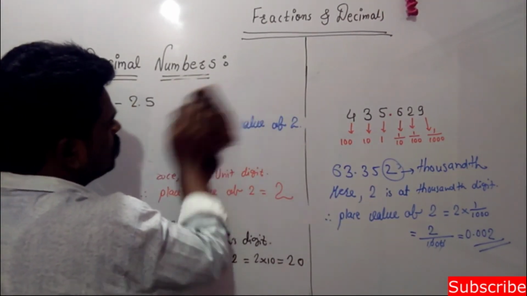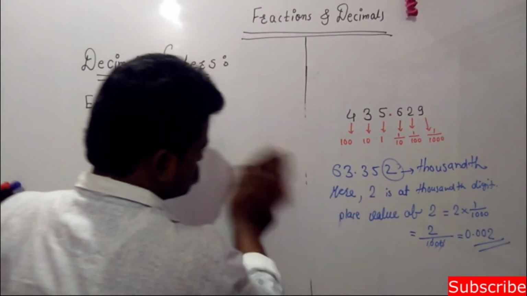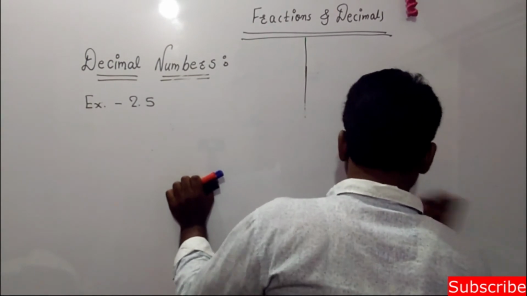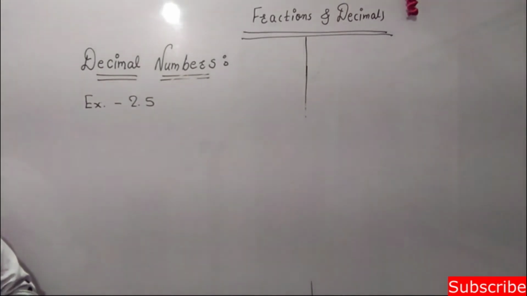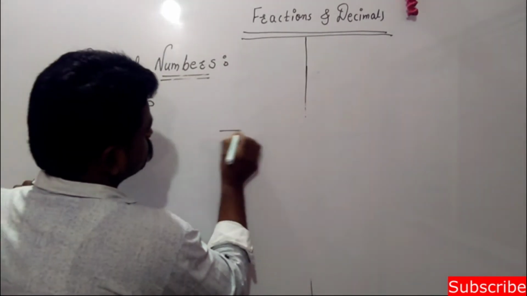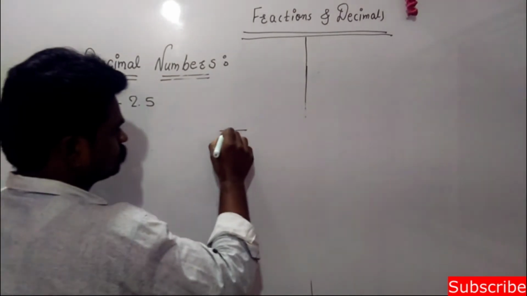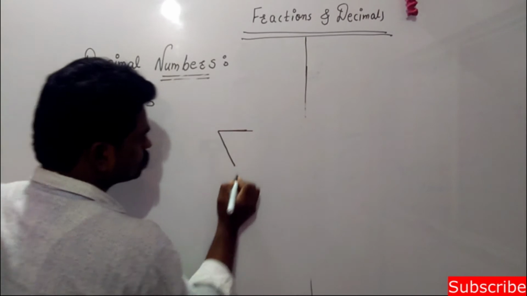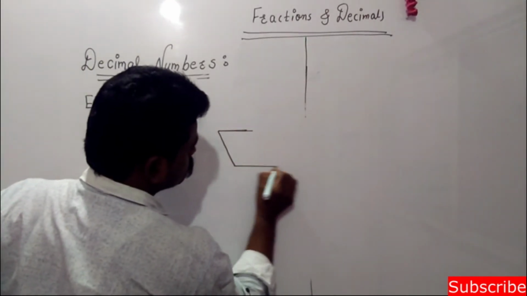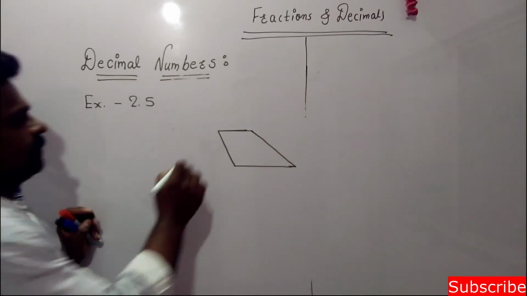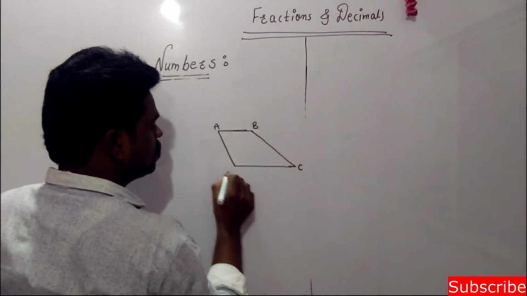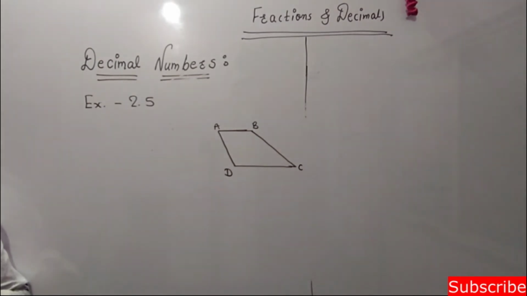Okay, fine, no problem. Now let's discuss the next question. This was question number 6. Now we'll discuss question number 7. Question number 7 is like this: A, B, C and D. My dear students, the question is like this.